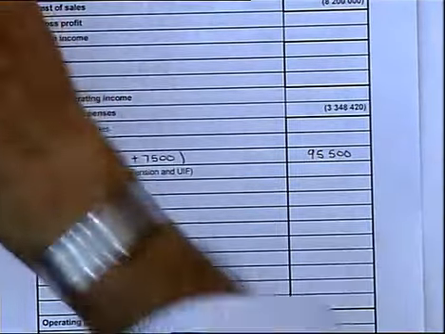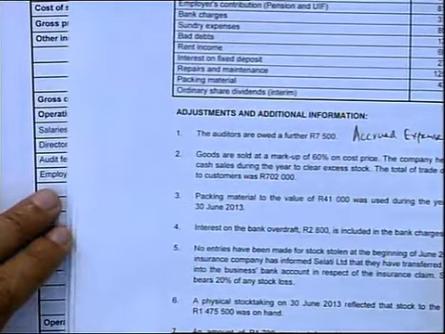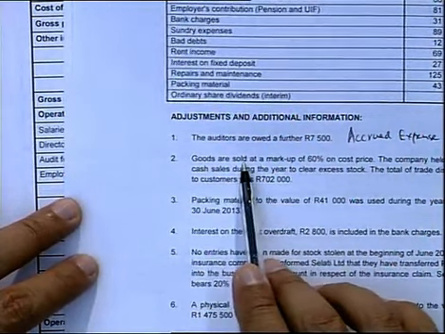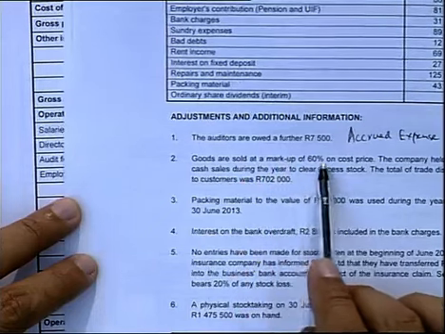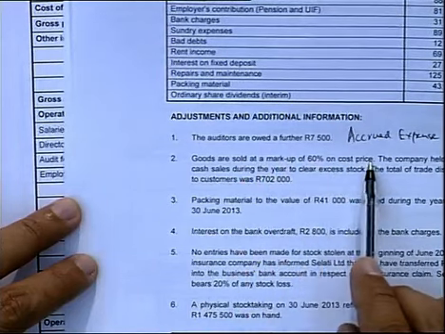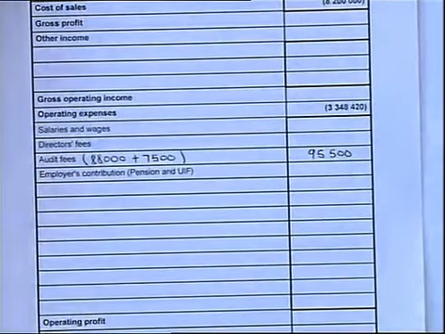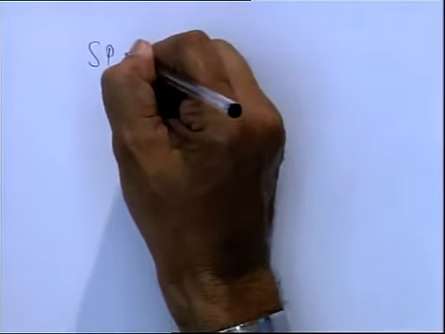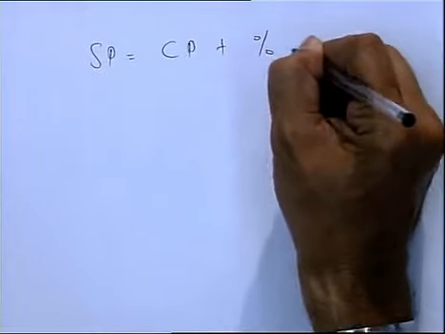Okay. Then we go on to adjustment number 2, which talks about goods are sold, meaning that is the selling price, at a markup of 60% on cost. Okay. So as we know, in order for you to get the selling price, you have to take the cost price and add the percentage markup.